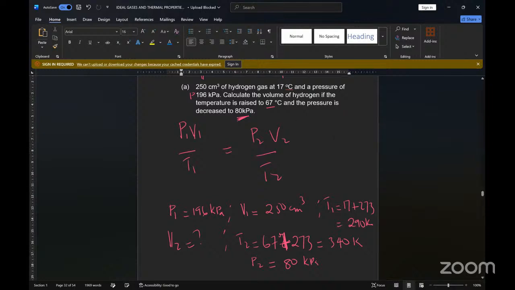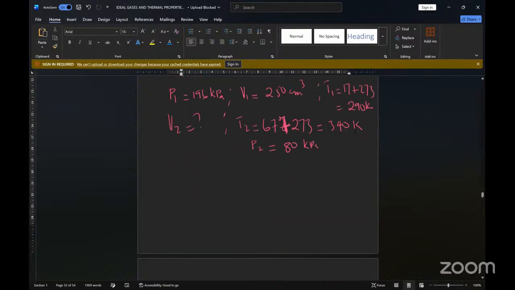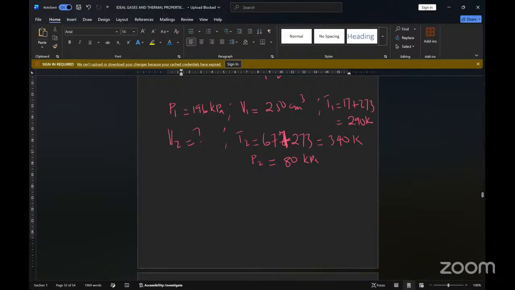So we are going to substitute. The substitution is a bit long, so let me write the equation again so that when I'm substituting, you see what I'm writing. So P1 V1 over T1 must be equal to P2 V2 over T2. So P1 is 196, times the volume.